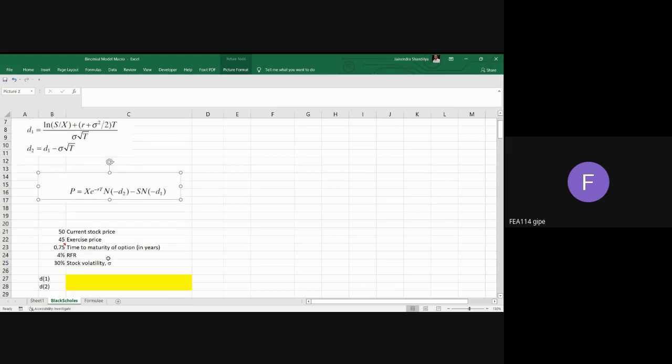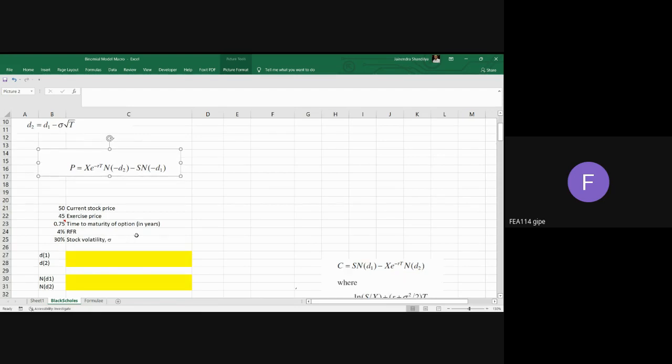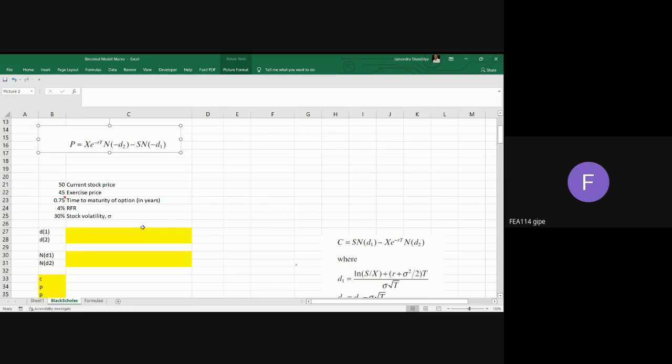So now we go and see how these things are really applied and how we calculate the option value of a Black-Scholes model for a stock which is listed on a stock exchange, and the option on that also is listed. Here, 50 is the current stock price. So this stock is available on the market at 50. I mean, the cash market gives it to you at 50.